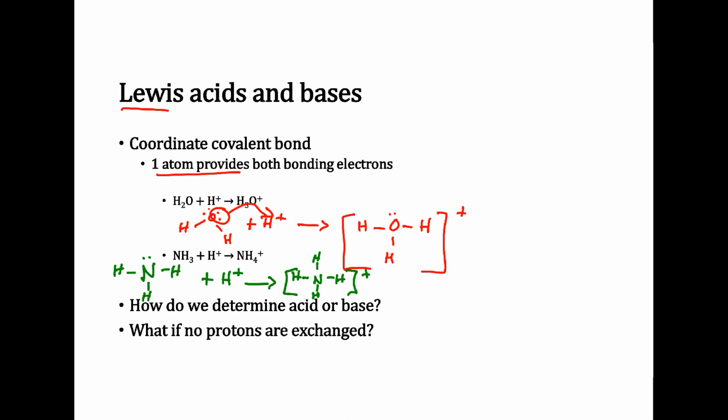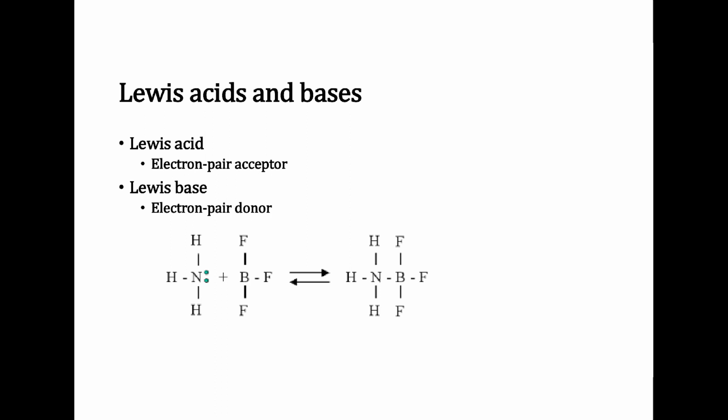It's easy to tell if there's a proton being transferred, but what if there are no protons being exchanged? That's where the Bronsted-Lowry definition falls short, and that's where we'll start to talk about the Lewis acids and bases definition. A Lewis acid is an electron pair acceptor, and the Lewis base is an electron pair donor.